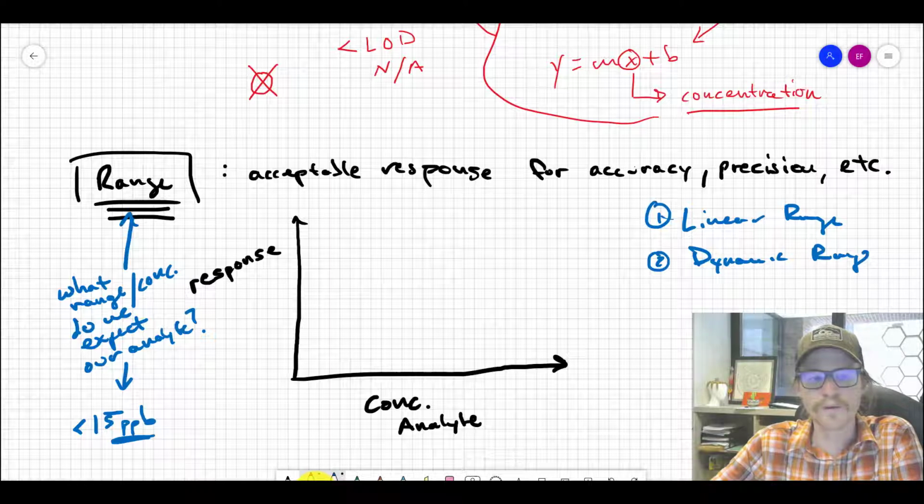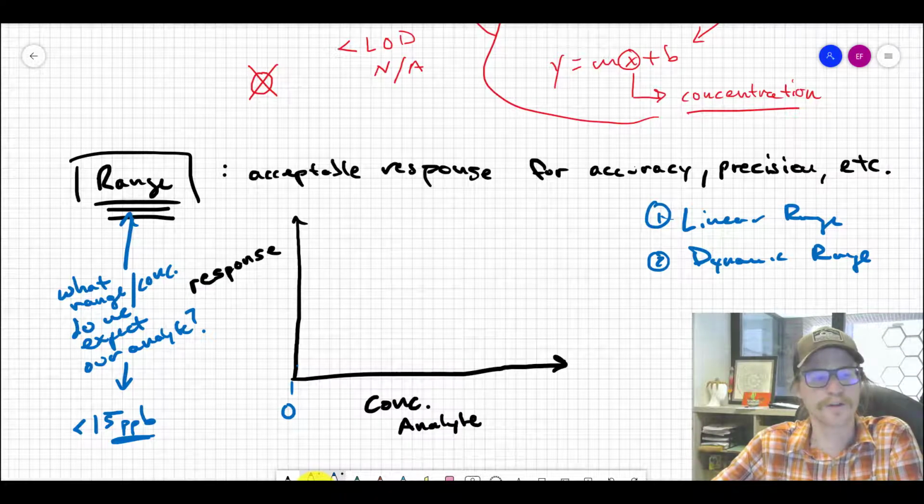So when we are talking about the response, usually there's a portion of our curve that, as we're essentially at 0 of our analyte, which again is almost impossible to know or measure, but theoretically at very, very low concentrations, our analysis method is going to be irresponsive, meaning there's no response as we increase the concentration until we hit our limit of detection.